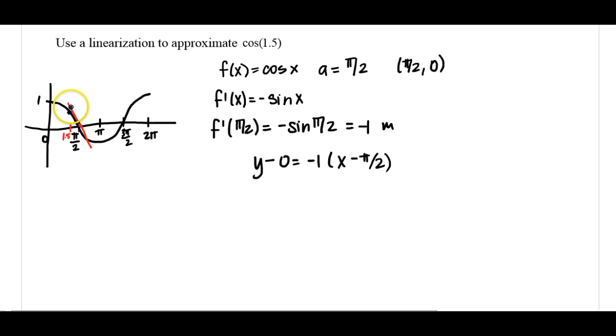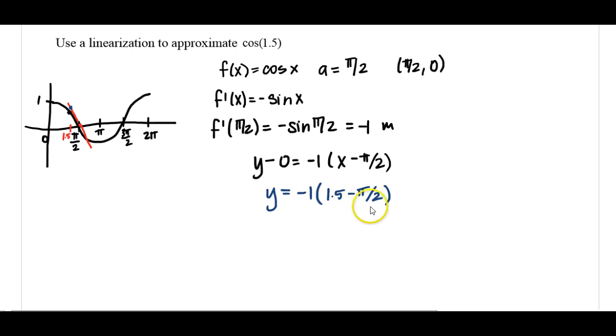So we're about to find the y value of this blue point right here. So let's go ahead and do that by substituting our value into x. So our 1.5. So we have y equals, so that's a 0 there, negative 1 times 1.5 minus pi over 2.